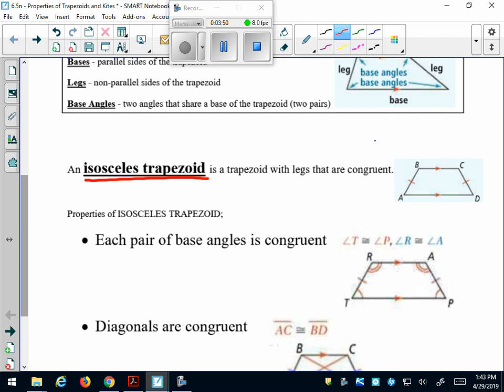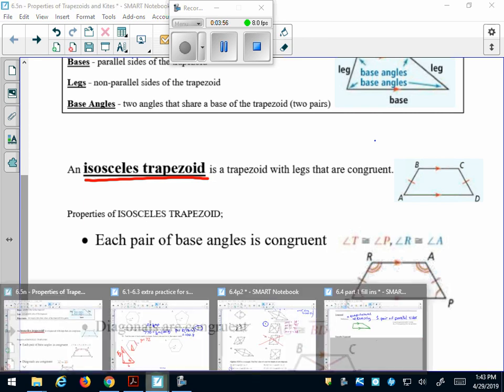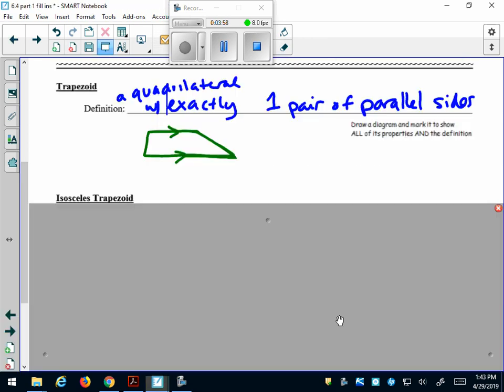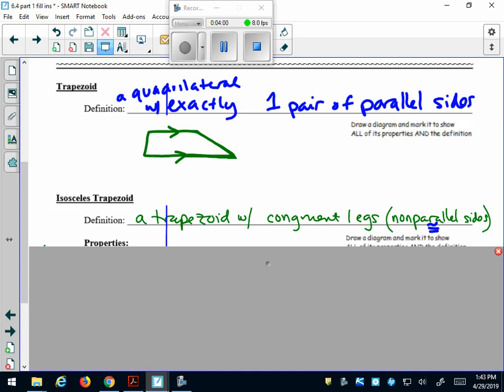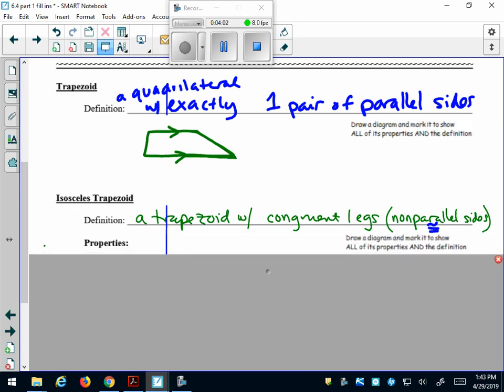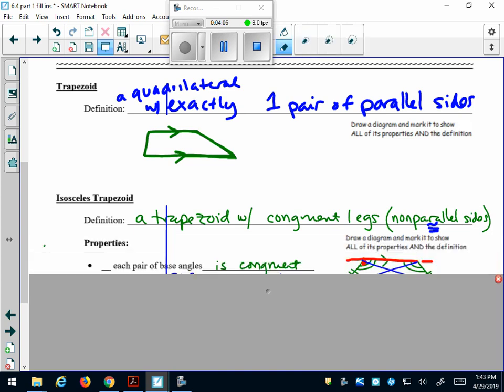So by definition, an isosceles trapezoid is a trapezoid with the legs that are congruent. In other words, the non-parallel sides are congruent. So on your pink sheet, you can add that definition. An isosceles trapezoid is a trapezoid with congruent legs. In other words, the non-parallel sides are congruent.